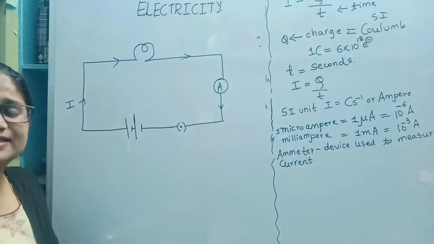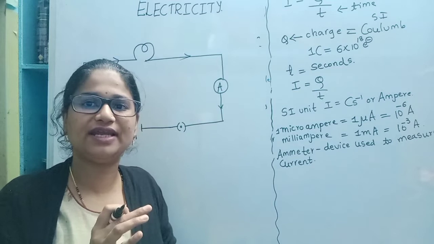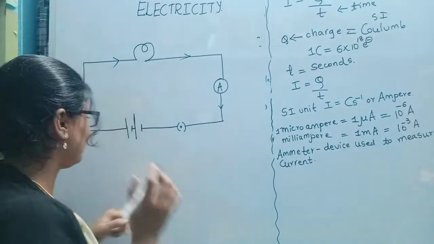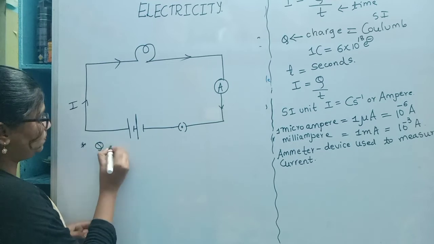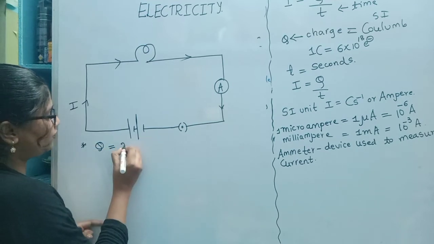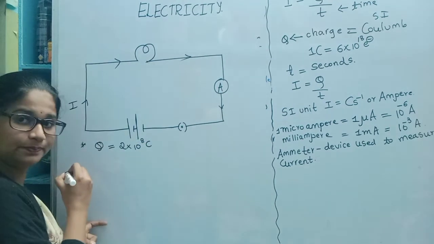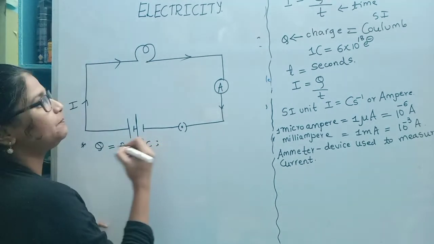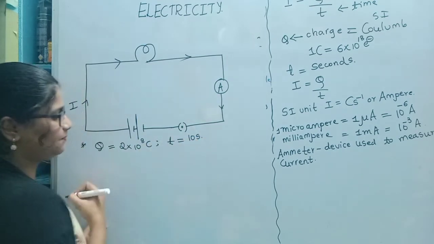Now let us discuss some very small problems related to the equation. Let us say Q is 2 into 10 raised to 8 coulomb and T is 10 seconds.